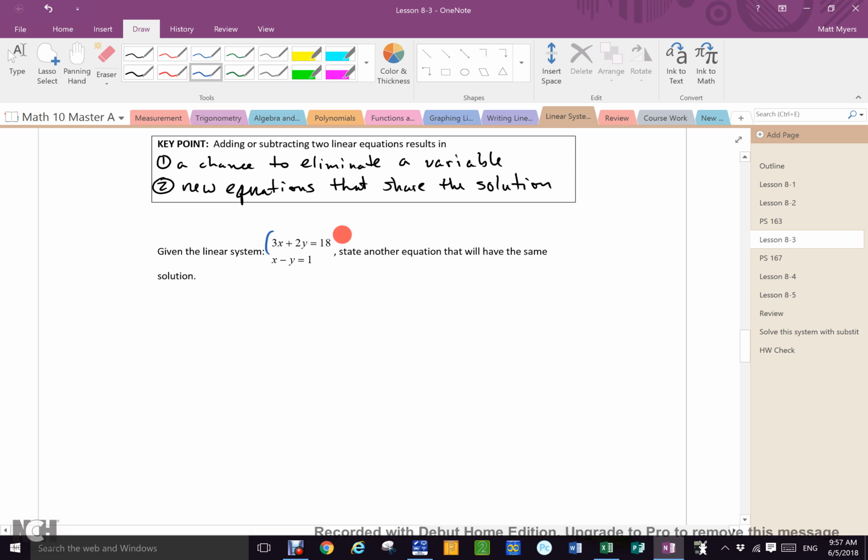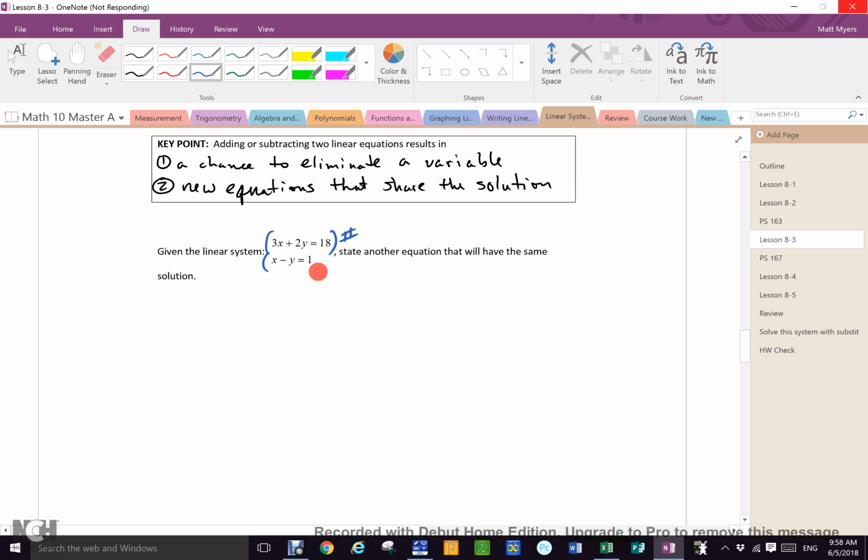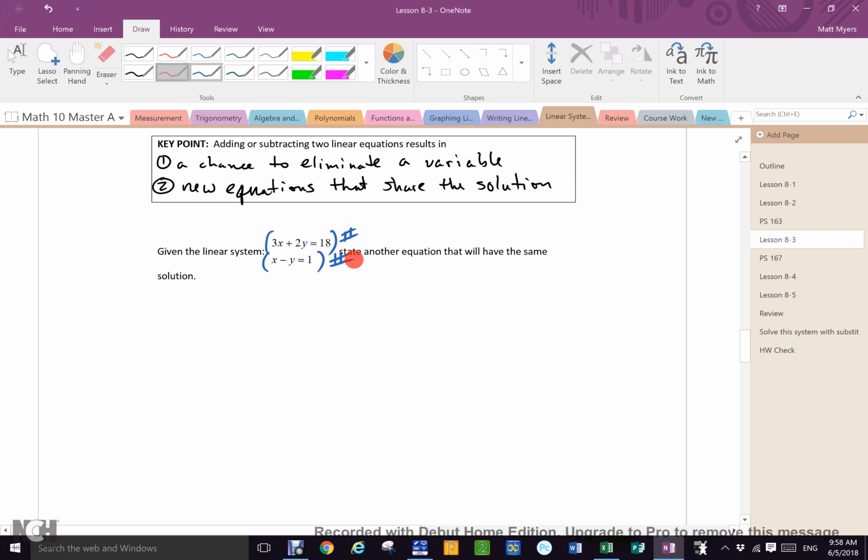So I could multiply these by any number, and it would work. I could multiply these by any other number, and it would work. I could add them, and it would work. I could subtract them, and it would work. It doesn't matter. All of those equations would give me the same exact solution. That's all you have to take away from this.